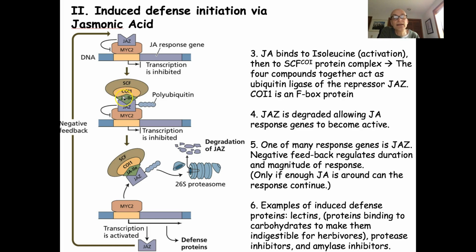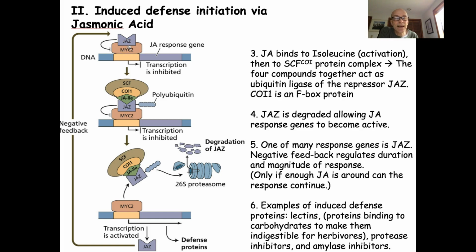So now jasmonic acid is able to bind to a protein complex. That protein complex is called the SCF-COI1 complex. And you see that it's made up of two different proteins. So I say here jasmonic acid binds to isoleucine and then to the SCF-COI protein complex. This way of writing the two protein names indicates that they're complexed with each other. And then these four components together can then bind to the JAS protein bound to the MYC protein.